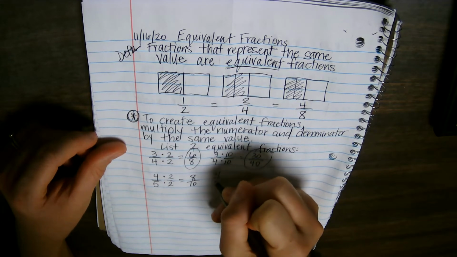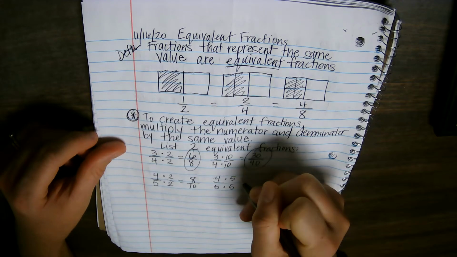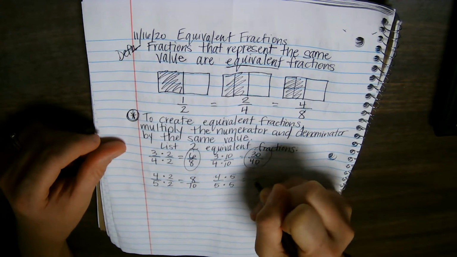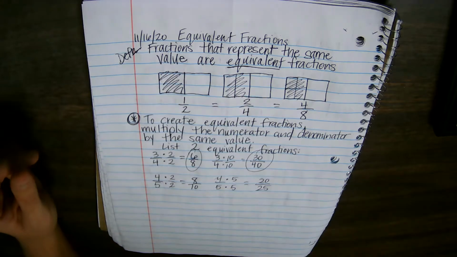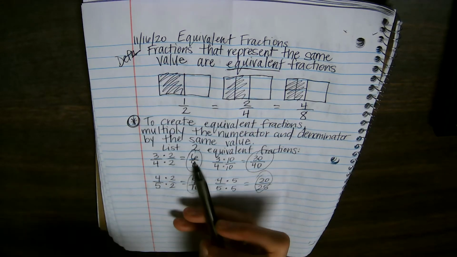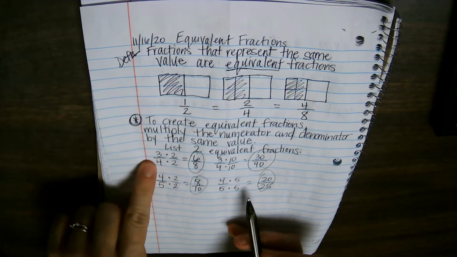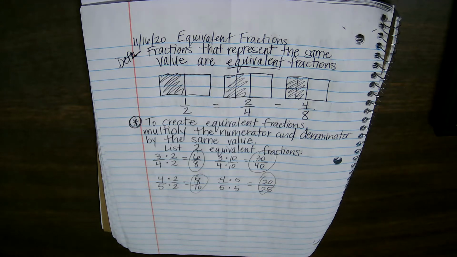And for one more equivalent fraction, maybe multiply by 5 this time. So you have 20/25. Do you see that we had been practicing simplifying from here or here down to the most simplified form, and now we're practicing writing 2 equivalent fractions?